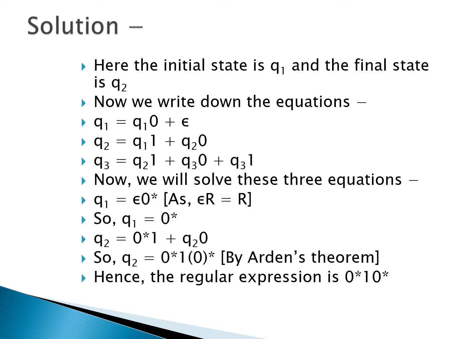We can remove epsilon as it is a null string. Applying this procedure on the Q2 state, we obtain the expression Q2 equals 0 star 1 0 star. This is the final regular expression.